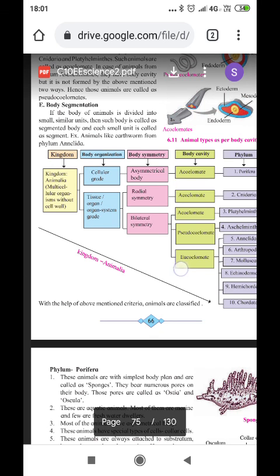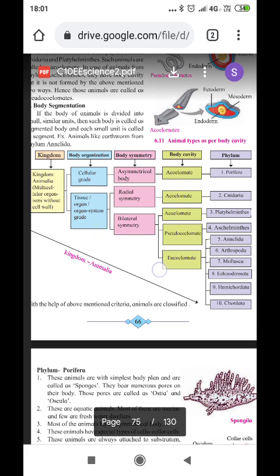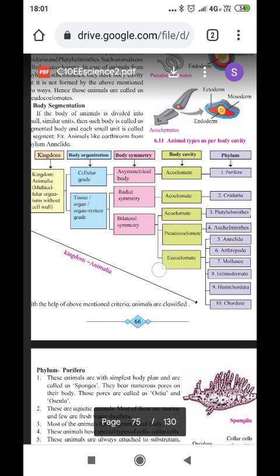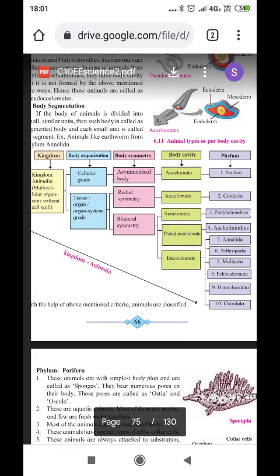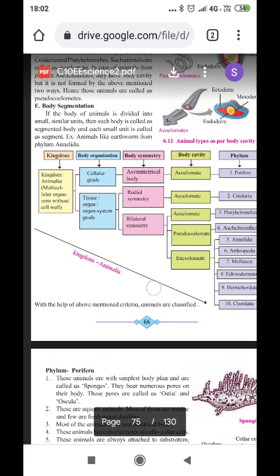Now here, on the basis of body organization, body symmetry, body cavity and phylum, various classification is being done, which we are going to discuss. First of all, as per the diagram, kingdom Animalia, with multicellular organisms without cell wall.